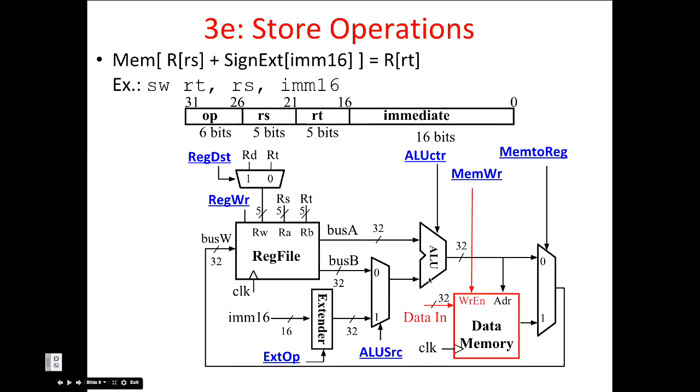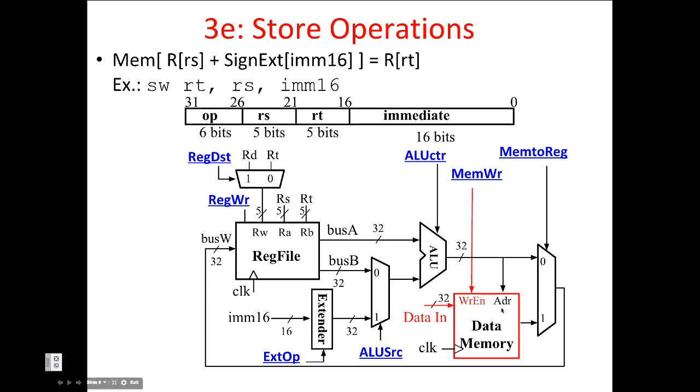Once we have that sign extended immediate and the value in RS, we're going to set ALU control to do addition. We're taking the base address stored in the register specified in bus A, and adding on the sign extended immediate. Once we have those two values, that gives us the memory address to which we're going to write. So that's what this line right here, going to the adder, will do.